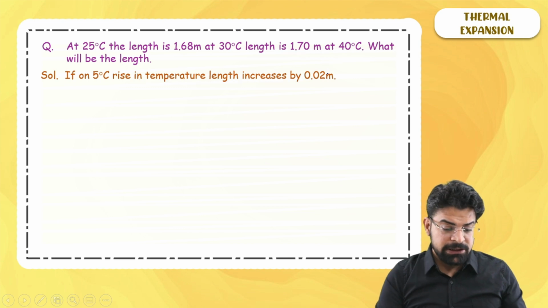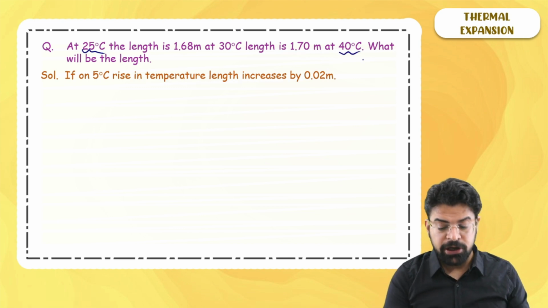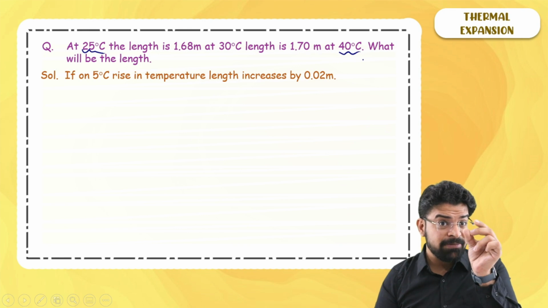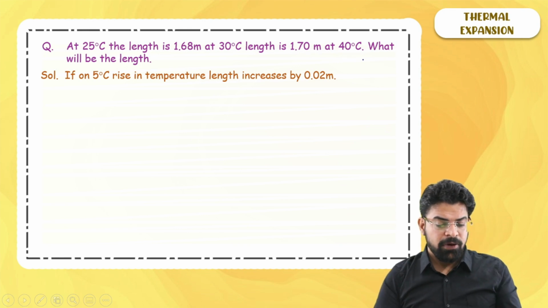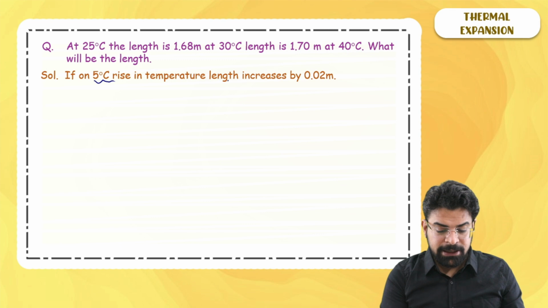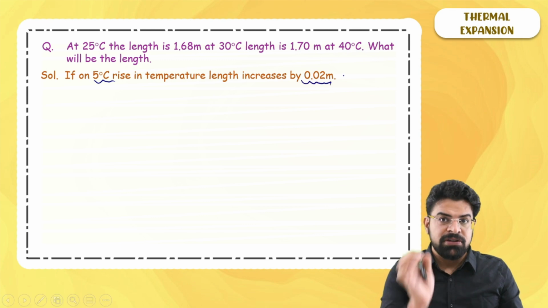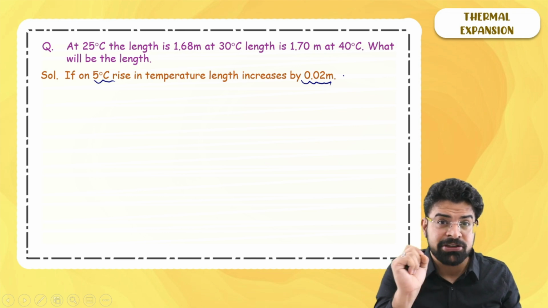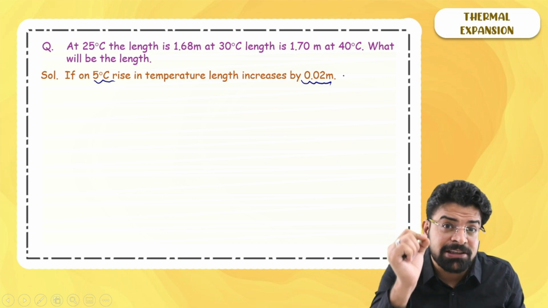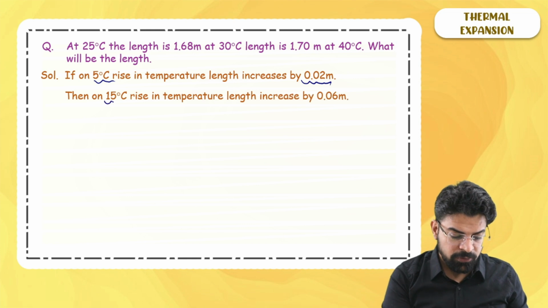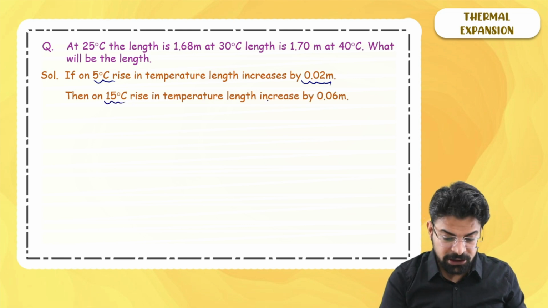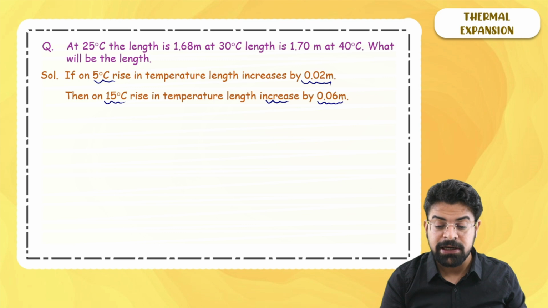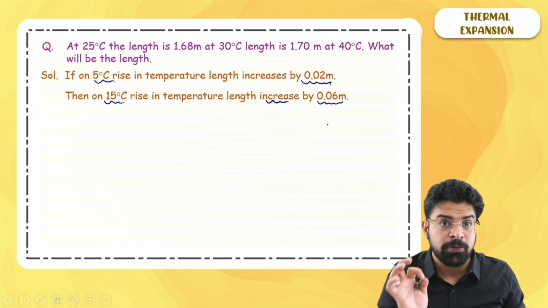Then increasing the temperature from 25 to 40, the temperature is increasing by 15 degrees centigrade, 3 times the rise in temperature, so the length will also increase by 3 times. So on 15 degrees centigrade rise, the length increases by 3 times 0.02, that is 0.06.